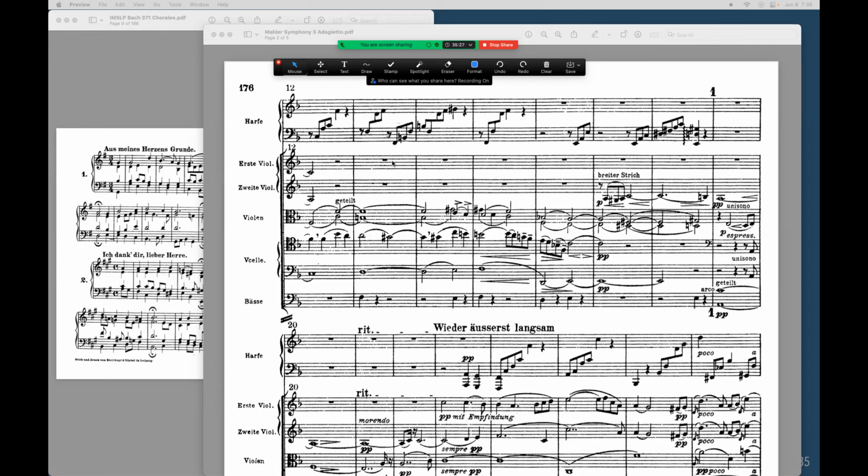I want to talk now about the role of the double bass, because composers tend to get themselves into problems when they're writing for the double bass. The biggest way they get into problems is that they think, oh, the bass has the word bass in it, therefore it is the bass line of the orchestra. This is a recipe for problems.